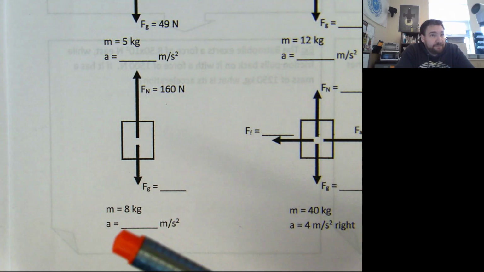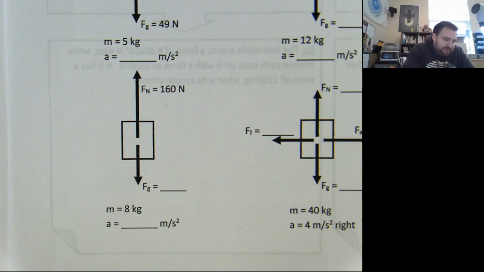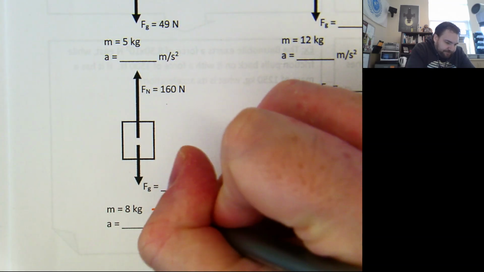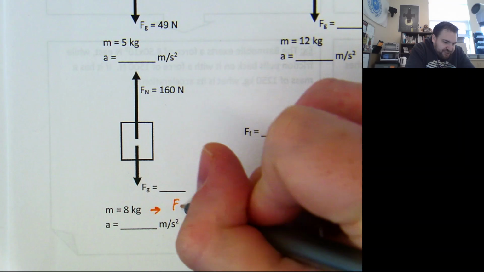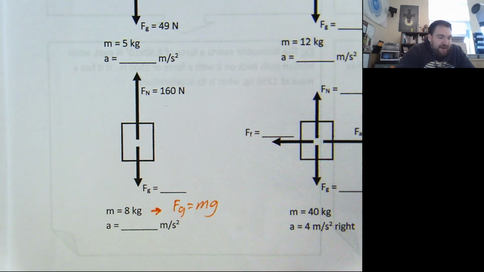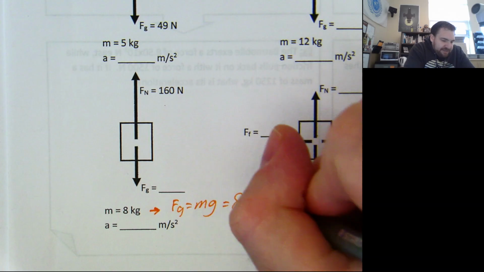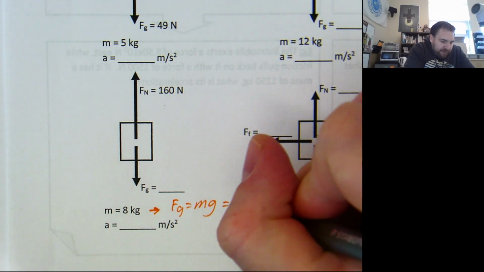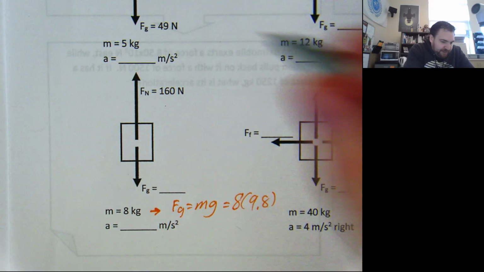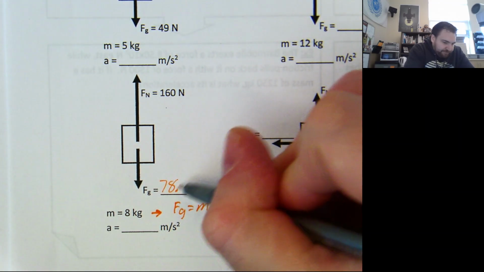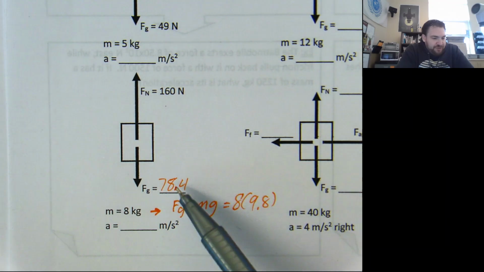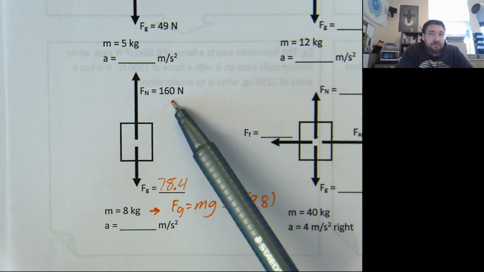What we can calculate, because we looked at the force of gravity, we said Fg is equal to your mass times the gravity field that you're in, or the acceleration due to gravity that you're experiencing. So this is going to be 8 times 9.8. 8 times 9.8 is 78.4. So that's the force due to gravity, and this is the normal force upwards.